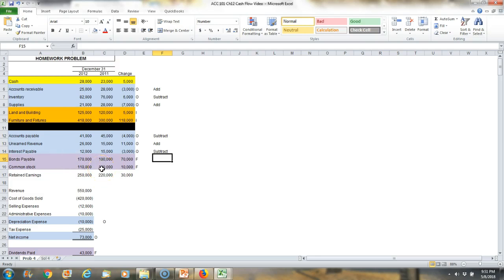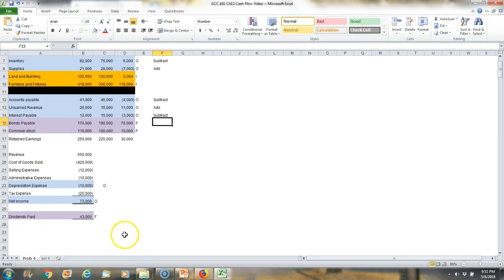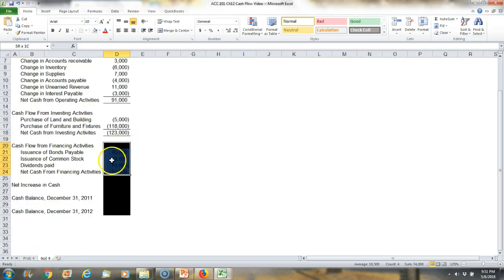Common stock. I started the year with $100,000. Now I have $110,000. When the stock went up, that means I issued more stock, and it's a cash inflow. Then dividends paid, that would be a cash outflow. Remember, the statement of cash flows is the sources and uses of cash.